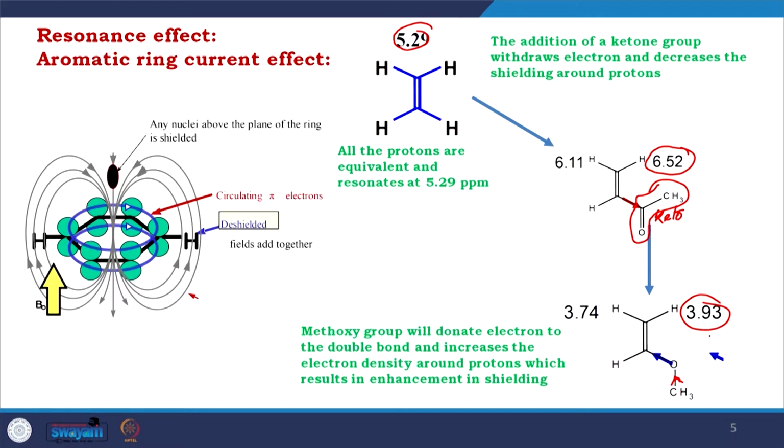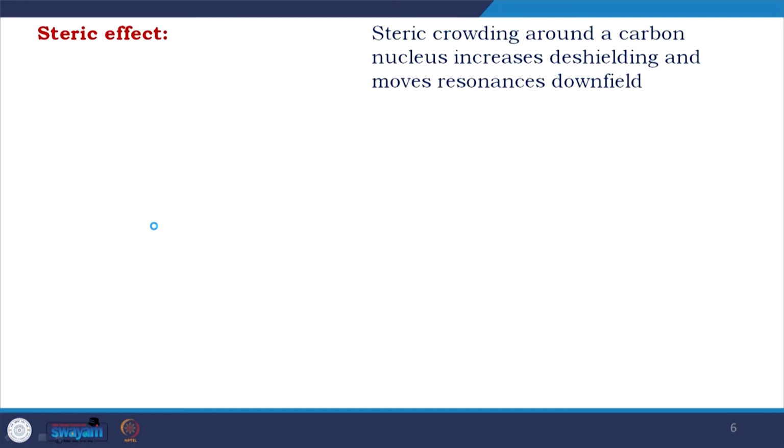Aromatic ring current. So, you see the benzene ring, an external field is applied here; any nuclei above the plane of the ring are shielded. Now, there is circulating pi electron current, and here you see deshielding happen, so shielding and deshielding come together. Steric effect. Steric crowding around a carbon nucleus increases deshielding and moves resonances downfield.